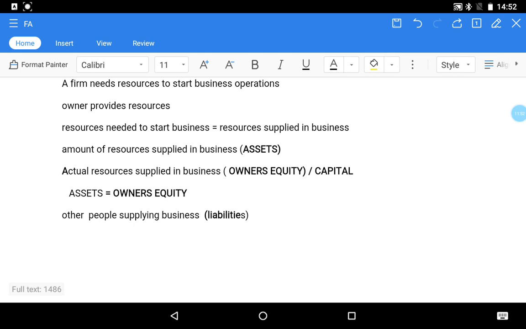That means our assets is equal to resources supplied by the owner, which is owner's equity, plus liabilities.